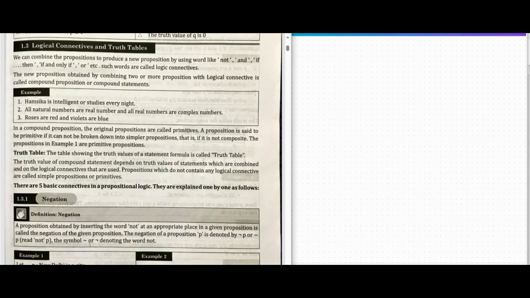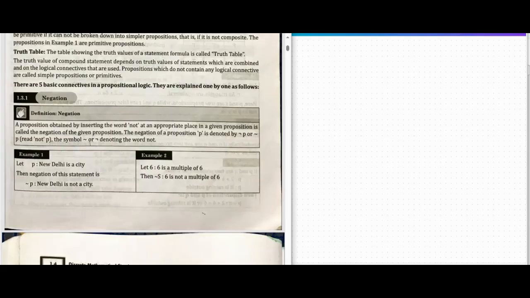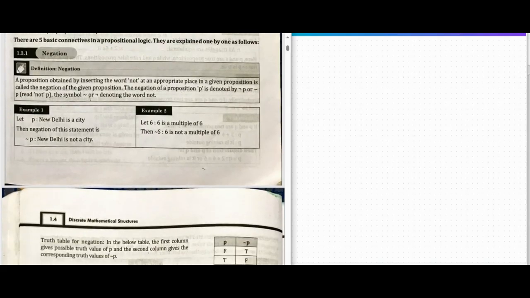So here are the logical connectives. These are very important. We use connective words to connect two statements. So we have and, or, not, if then, and if and only if. These are the connectives which we'll be learning in our topic. First one is called negation. What is negation?